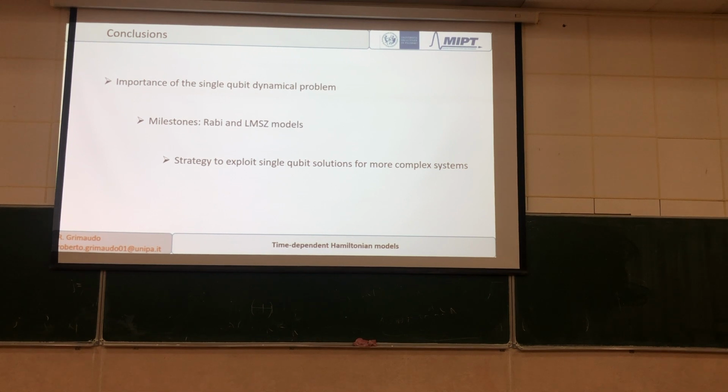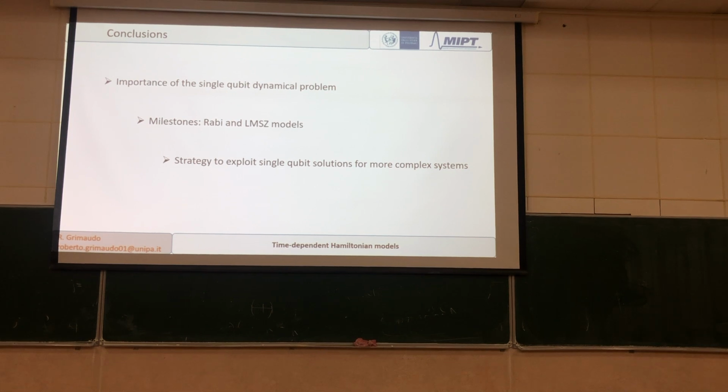So let me conclude by summing up. We saw that the study of the dynamical problem of a two-level system is very important, both from a mathematical and physical point of view. For us, as physicists, it's very important from a physical point of view, because we saw, for example, in the Rabi case, we can find some physical effects which could turn out very important for applications, like NMR.